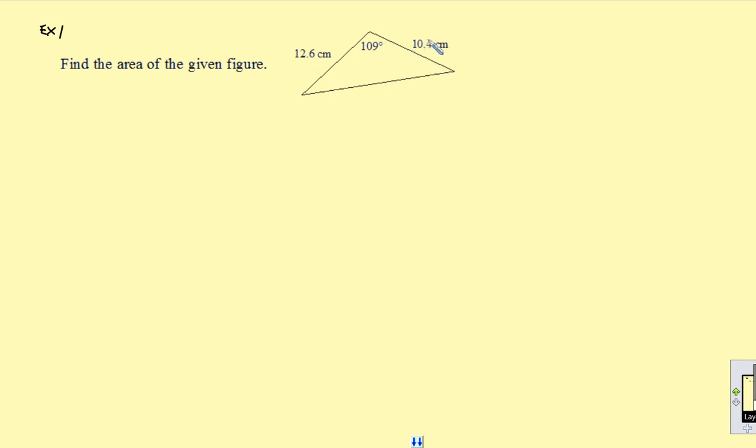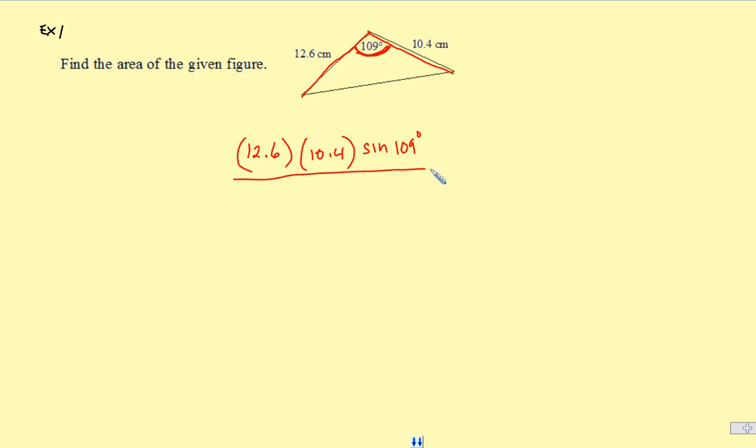I don't really care at this point if it's A, B, or C. All I need to know is that I'm given a side, which is 12.6, and the other side, which is 10.4. Those get multiplied together, as long as I have the angle that's between them, which is the sine of 109 degrees. And then I would divide it by 2, because that's what the area formula tells me to do.